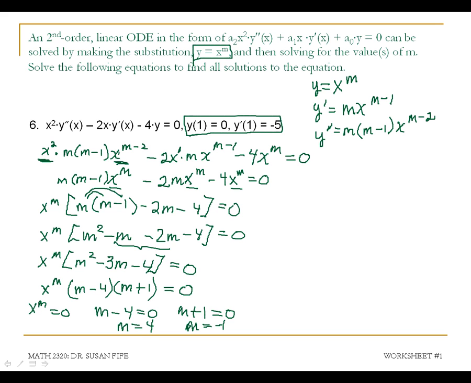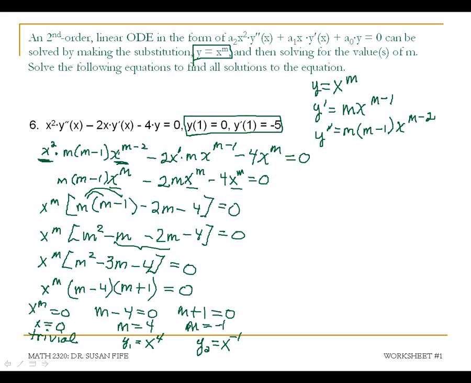Or from here, x is what we're solving for. The only way you can get 0 as an answer is if x itself is equal to 0. And we're actually solving for m, not for x. If x is equal to 0, you're going to get a solution of y equals 0, which is a trivial solution. And you don't really want to consider those cases. So we have m equals 4, which gives me one solution, x to the 4th power, and m equals negative 1 gives me another solution, x to the negative 1st power.